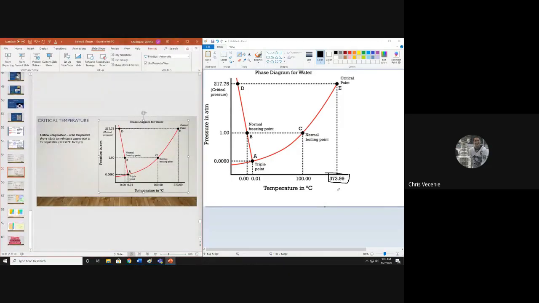And this temperature right here is so high that if I put that amount of heat on my substance, it does not matter what we do to it. It has to separate into separate gas particles that would escape. And you're going to say, well, wait a second, that's a really high temperature.